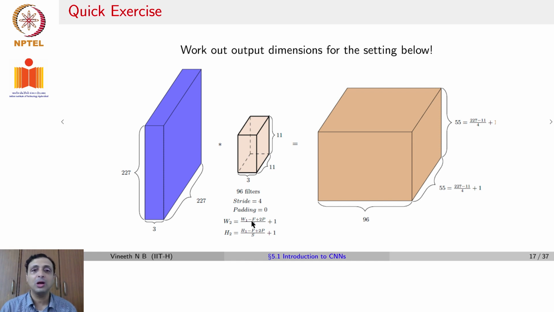In a feed-forward neural network, the number of weights gets decided by the number of hidden layers and the neurons in each hidden layer. And here it's the reverse. You decide the number of weights and the output map gets decided. We'll explain this in more detail as we go forward.